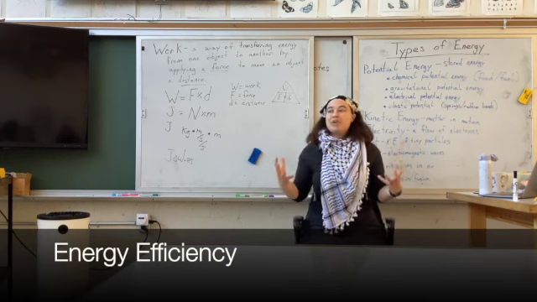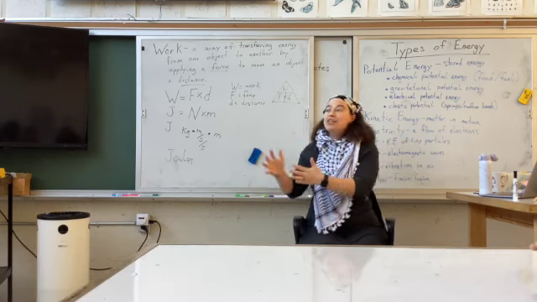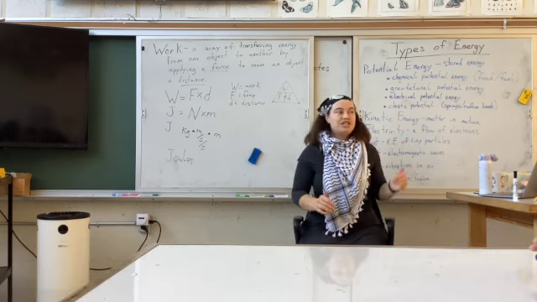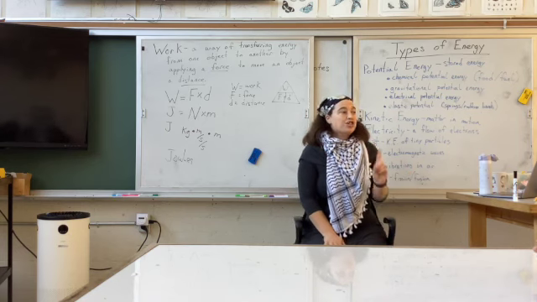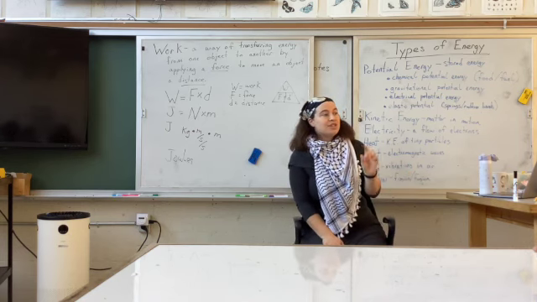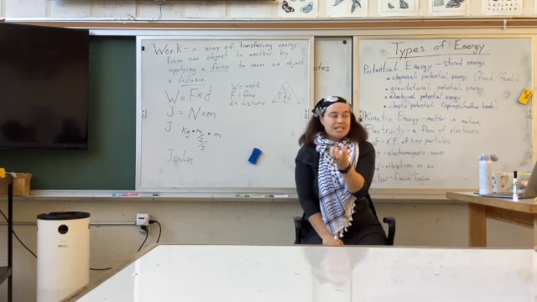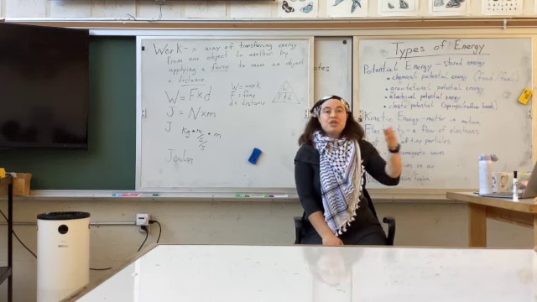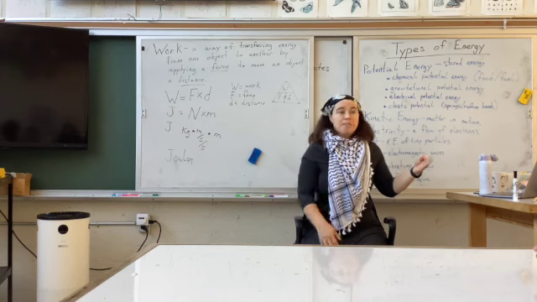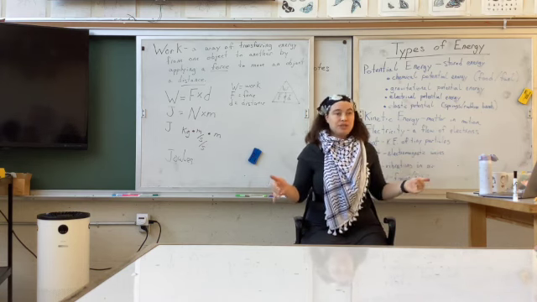Because we remember that law of conservation of energy. Energy is never created or destroyed. It only changes form. You are trying to turn this elastic potential energy into kinetic energy. But there's other things it could turn into.